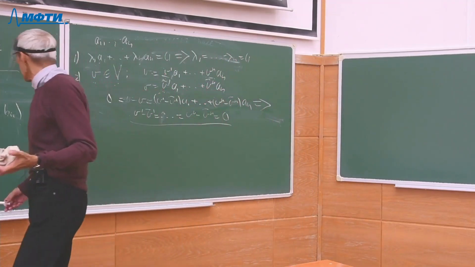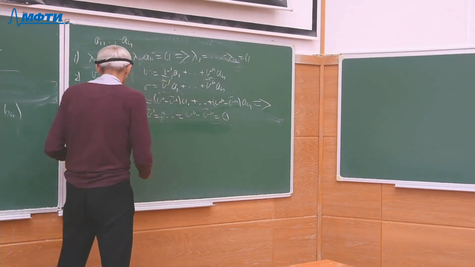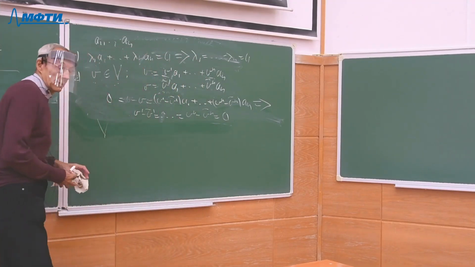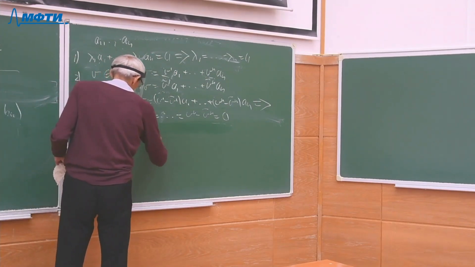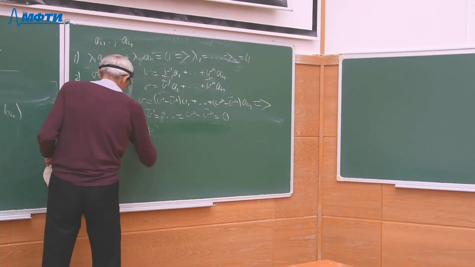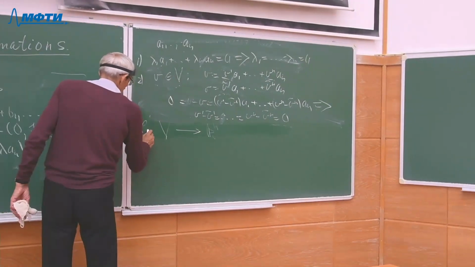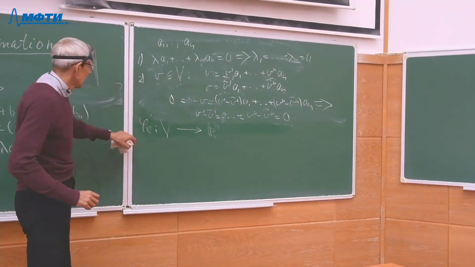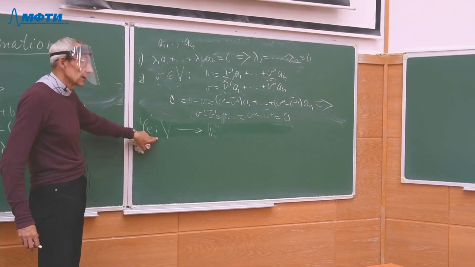So, thus, we obtain the correspondence between an arbitrary vector space and the arithmetical vector space. This correspondence is defined by choosing a basis in this vector space.